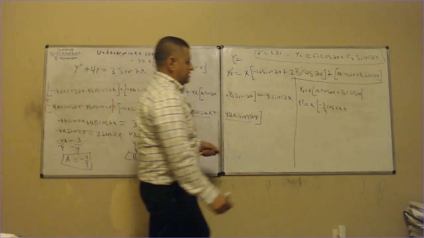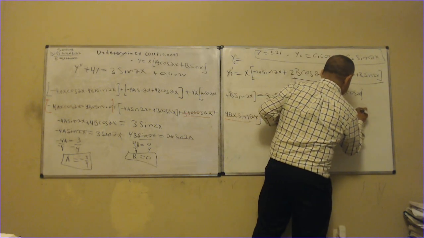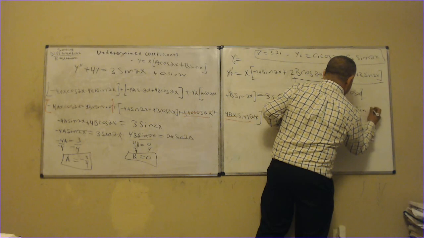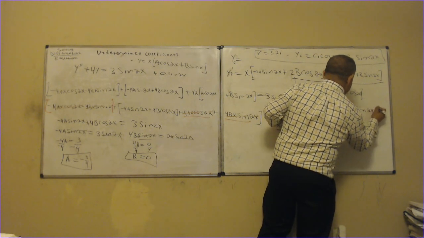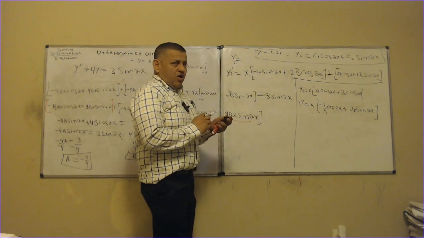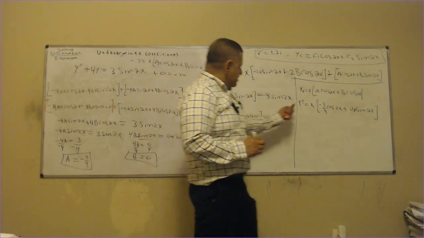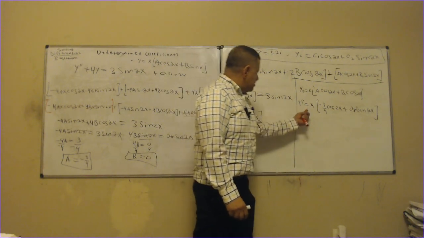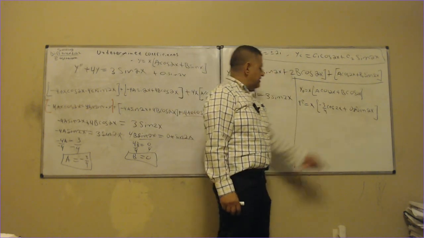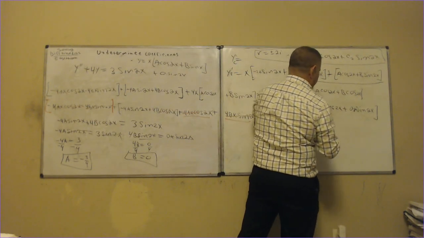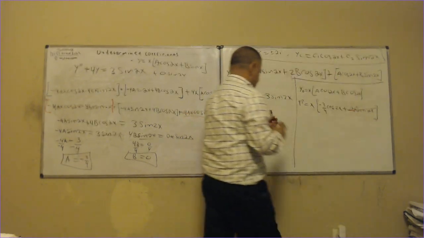It's 0, so plus 0 times sine of 2x. Okay, so now look at this. Now I have a solution, almost complete. What I do is multiply the x inside, and I know that this is going to be 0 anyway, so I don't have to even worry about it. So close it out.